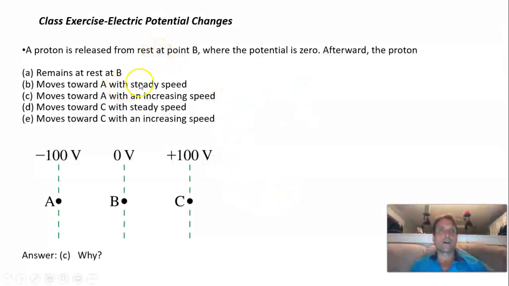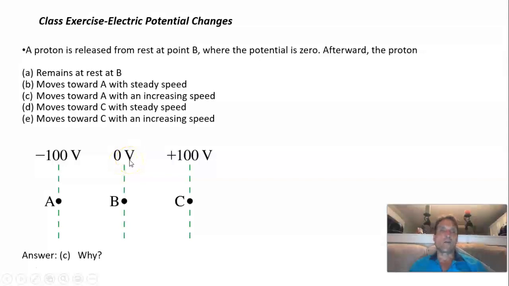So suppose that we have a proton, a positive charged particle, and we stick it at a location that we're calling V equals 0. So we're calling point B the location of 0 potential.